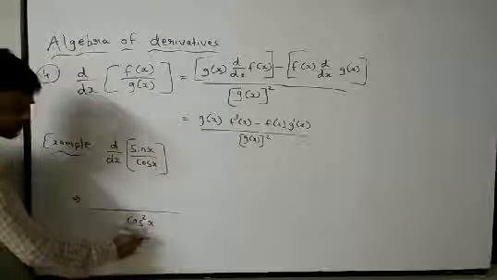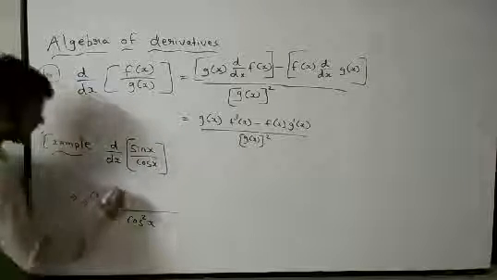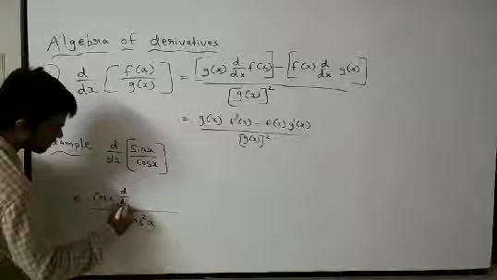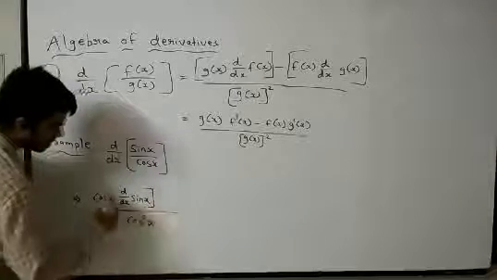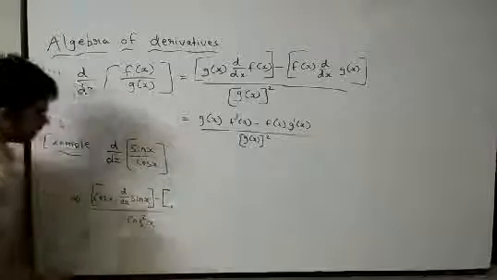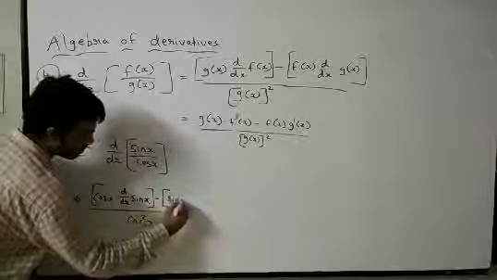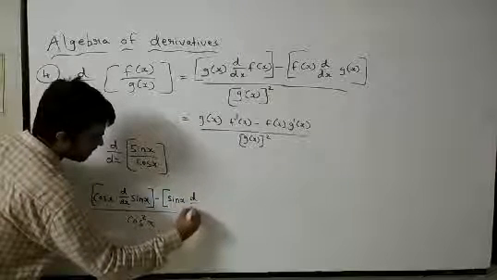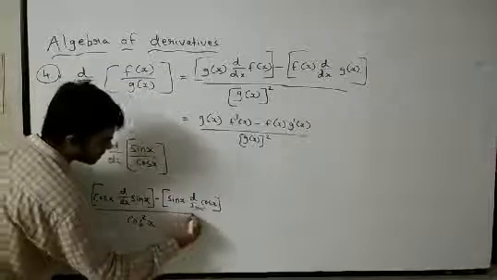Now this particular function keep as it is, multiply it with d by dx of sin x. We keep this in one bracket. Minus, the derivative of sine we have done. So now sine we keep constant, d by dx of cos x.